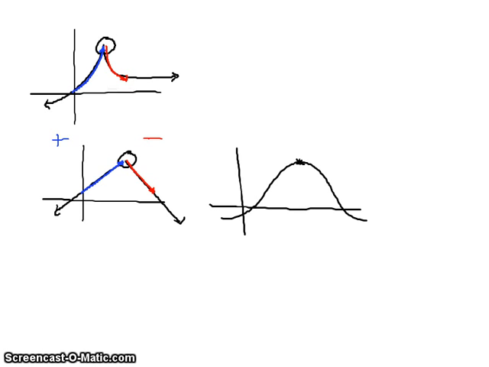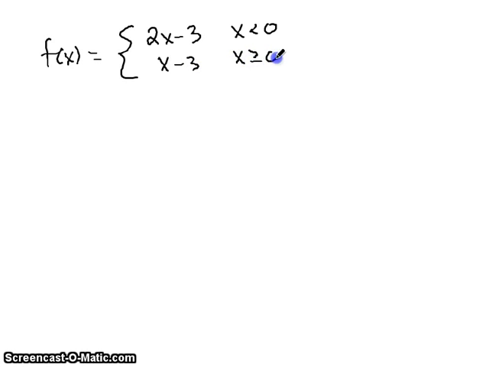So let's look at an example of how AP might ask about this. They would say something like, given f of x is equal to the function 2x minus 3 when x is less than 0, and x minus 3 when x is greater than or equal to 0, is f of x differentiable at x equals 0?